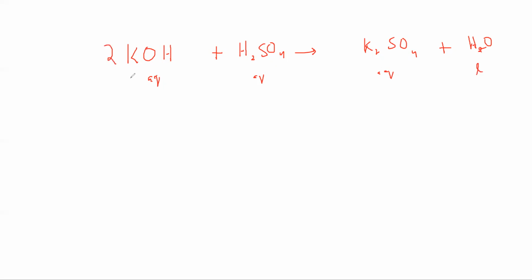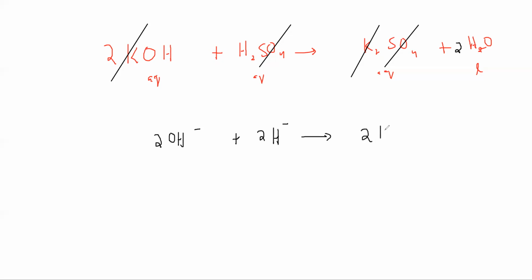If I want to write the ionic equation, I'll cancel out the common ions. What are the common ions? Potassium ion. So I cancel potassium ion in the aqueous substances, and I cancel sulfate ion. What am I left with? I'm left with 2 hydroxide ions and 2 hydrogen ions, and this will result in the formation of 2 water molecules.